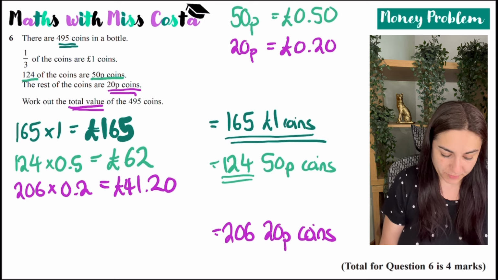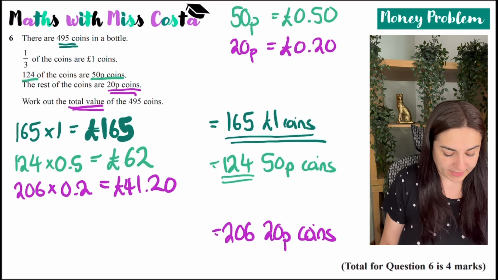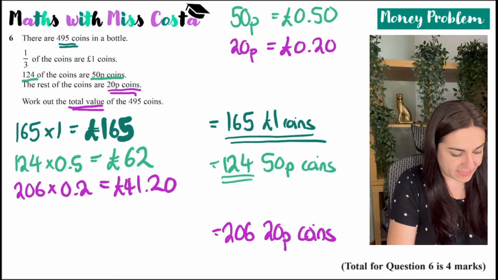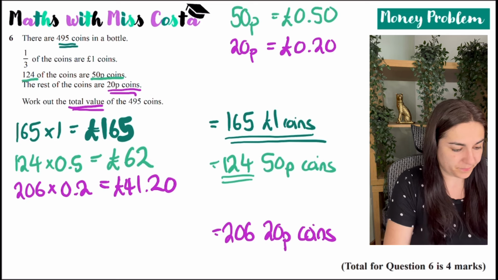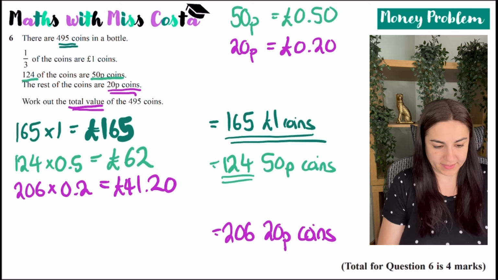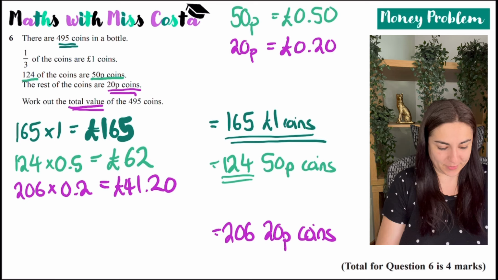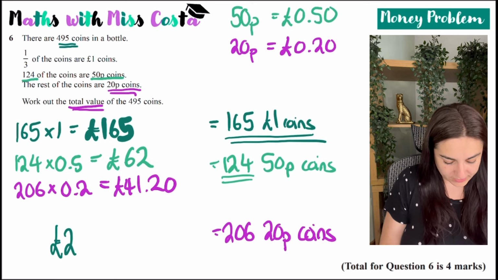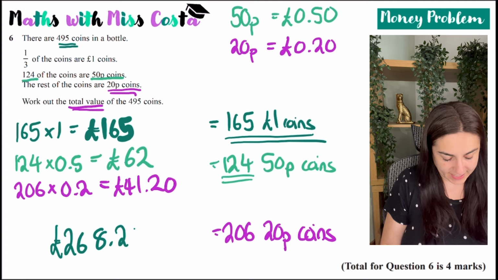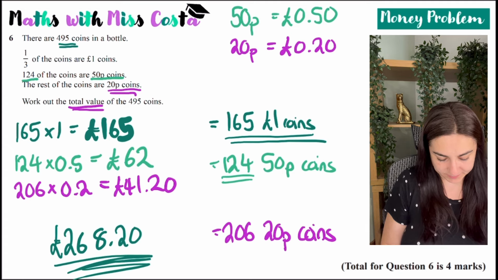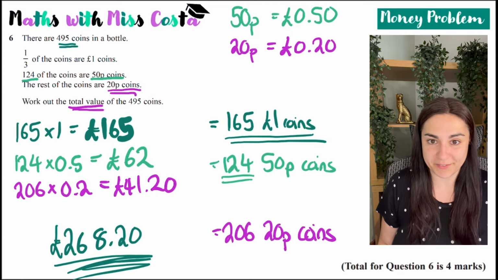And total value means I add them all together. So 165 plus 62 plus £41.20 is £268.20. I would say that's a good savings bottle.